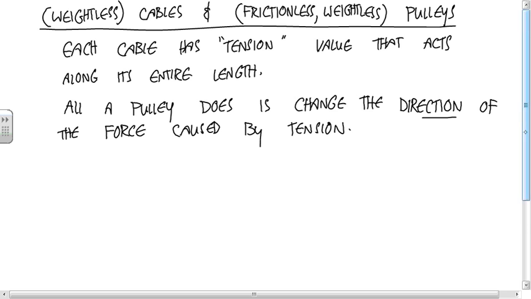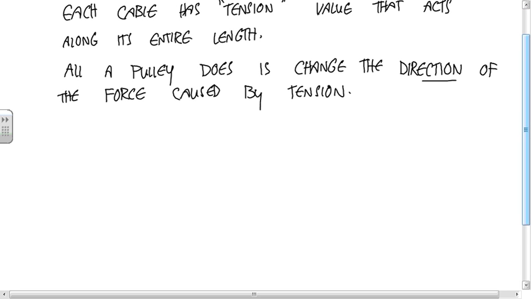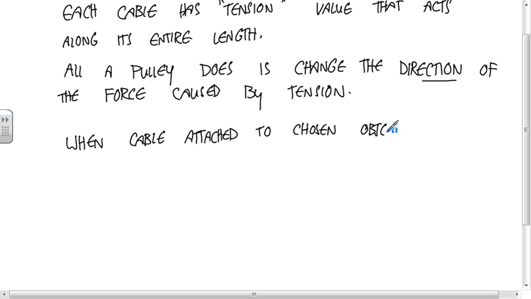And so here's how to do a free body diagram and calculate forces produced by cables. When a cable is attached to the chosen object, include a small stump of the cable in the free body diagram.